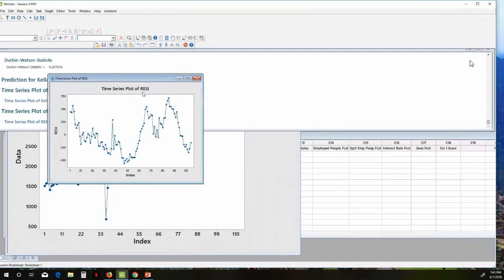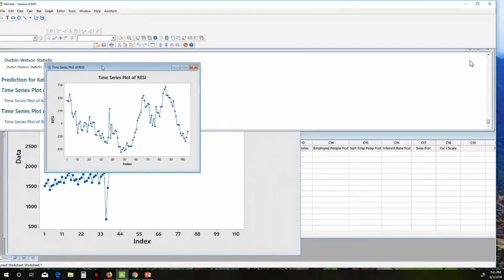What do you note about these residuals as you move out over time? They increase in value over time in terms of the variation.